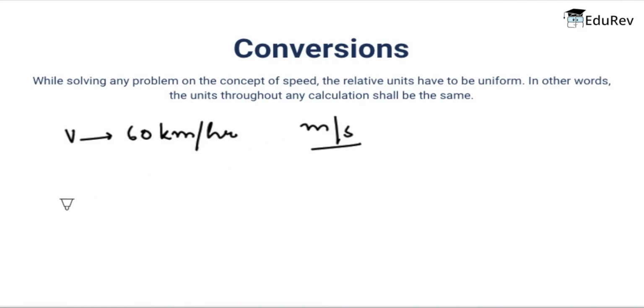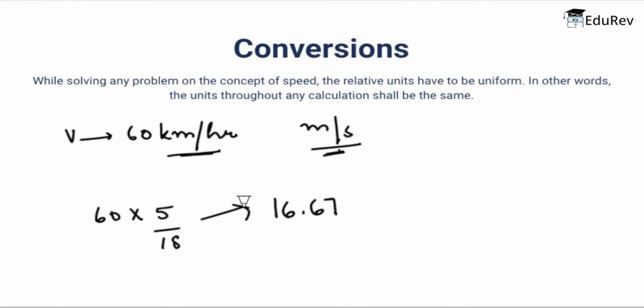If you want to change any speed from kilometers per hour to meters per second, you need to multiply kilometers per hour by the factor of 5 by 18, which we just saw. So in this case, we can write 60 into 5 upon 18, which is 16.67 meters per second. This is going to be our answer.